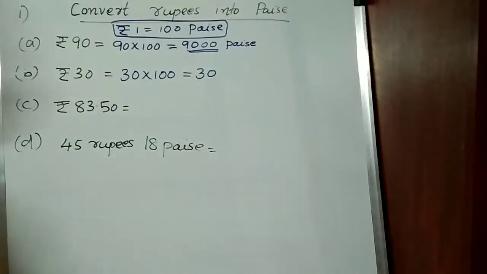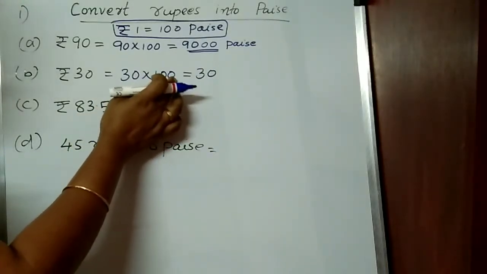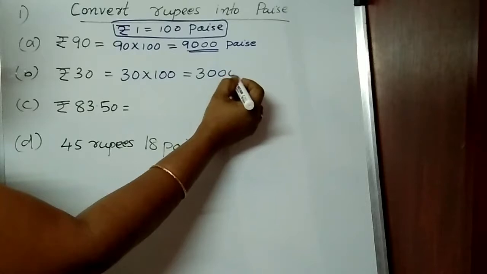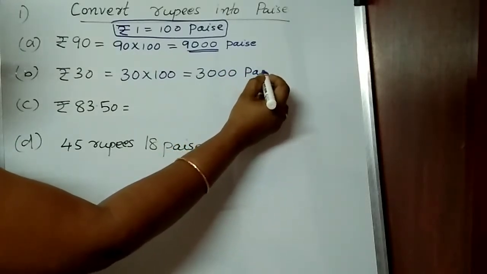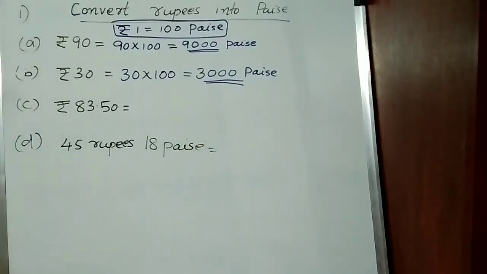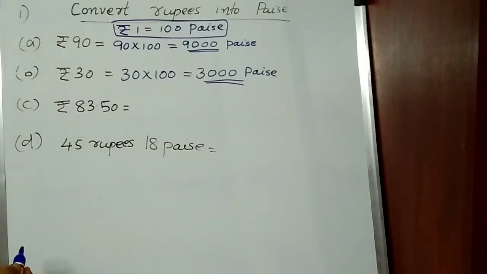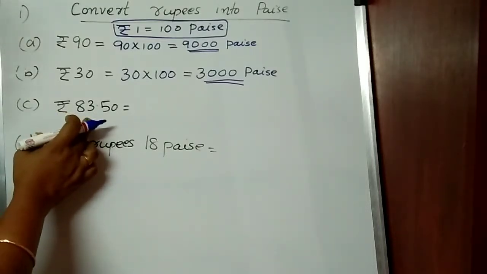Then you count how many zeros are there? 2 zeros. So simply you put those 2 zeros. That is your answer. So 30 rupees means how many paise? 3000 paise.